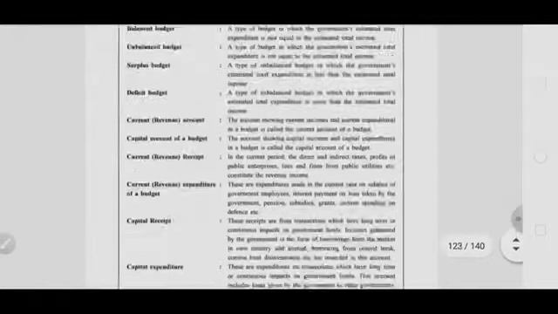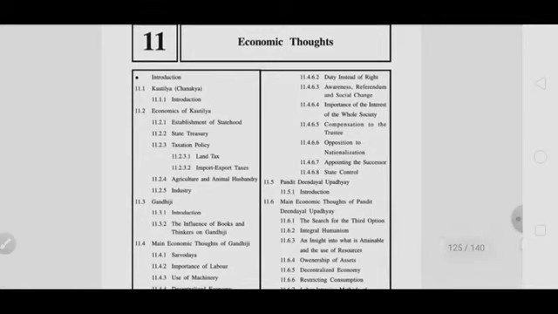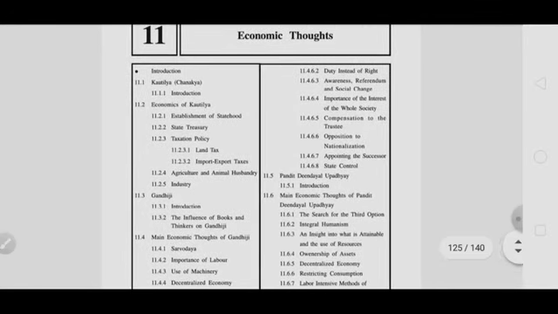Next is chapter number 11, that is the economic thoughts. This chapter is also divided into three different parts, because three different authors have given their points of view on economic thoughts.